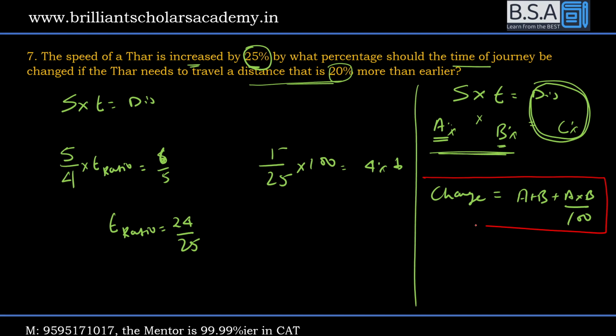25%, 20% are known ratios, so we don't have to worry about that. We use A plus B plus AB by 100 when we have percentage like 4% increase, 3% decrease, 15% increase, 8% increase, when they are integer values. When A, B are integer values, we apply this kind of calculation.